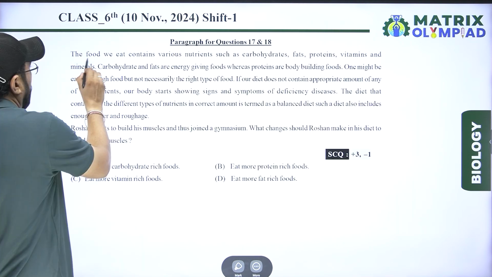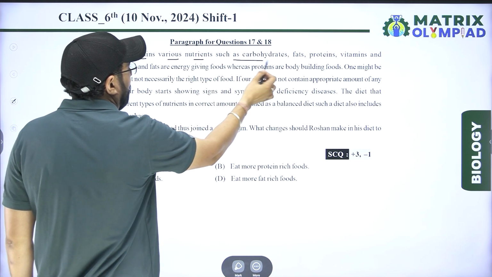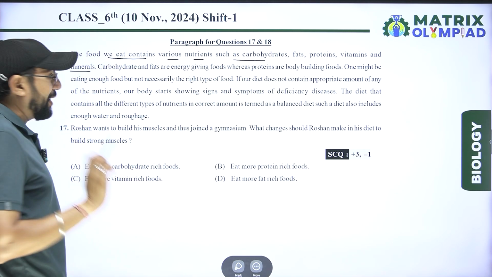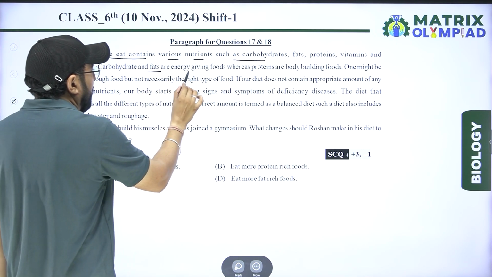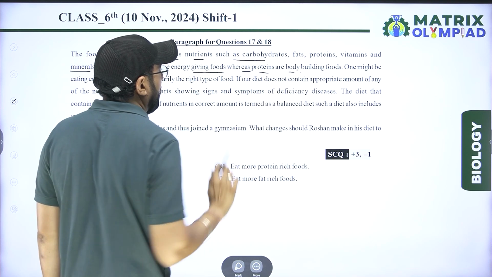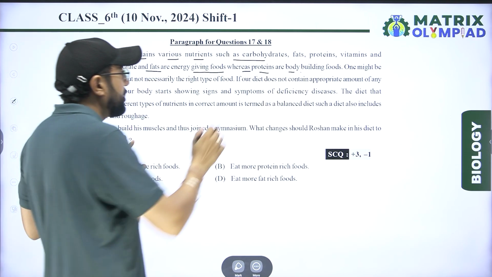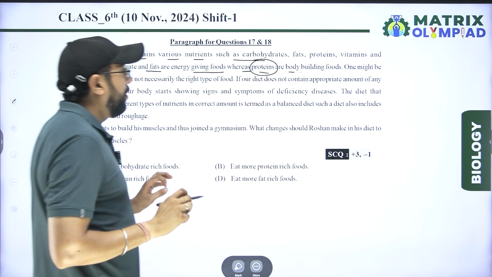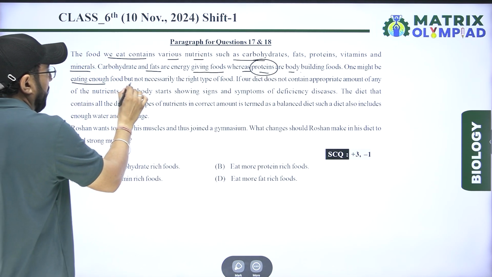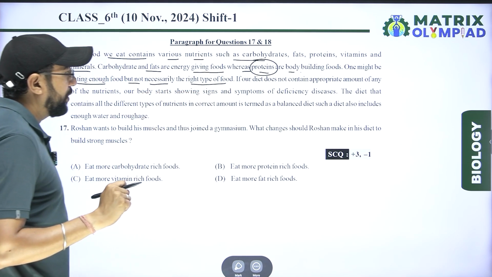Next question is, the food we eat contains various nutrients such as carbohydrate, fat, protein, vitamins and minerals. Carbohydrate and fat are energy-giving food, whereas protein is bodybuilding food. One might be eating enough food but not necessarily the right type of food.